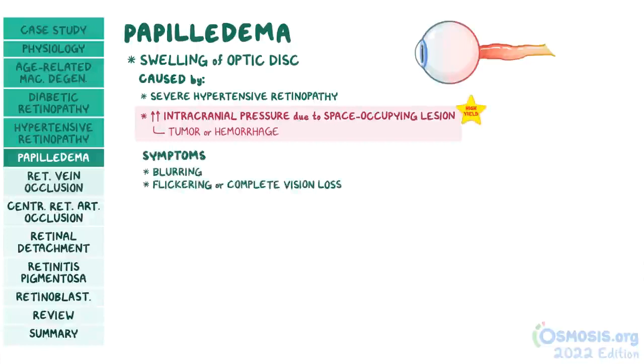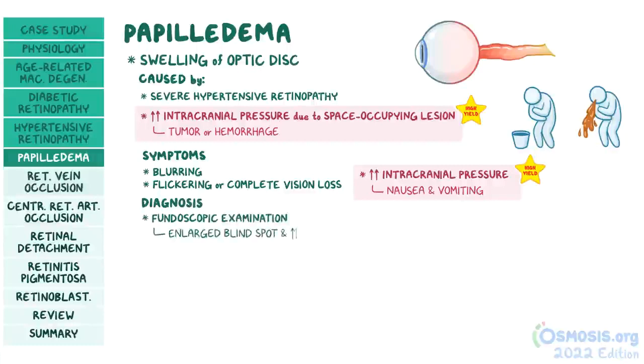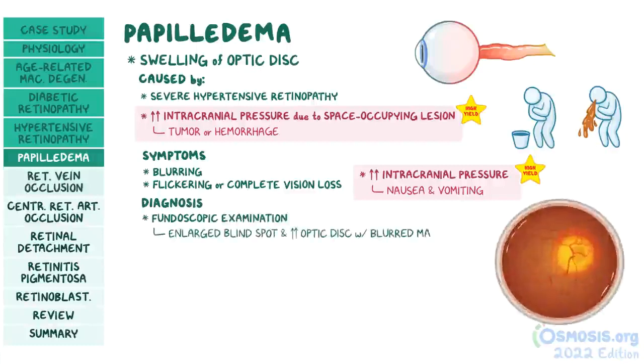For your exams, remember that in the case of increased intracranial pressure, individuals will often experience nausea and vomiting as well. For diagnosis, fundoscopic examination might reveal an enlarged blind spot and an elevated optic disc with blurred margins. Treatment focuses on managing the primary cause.